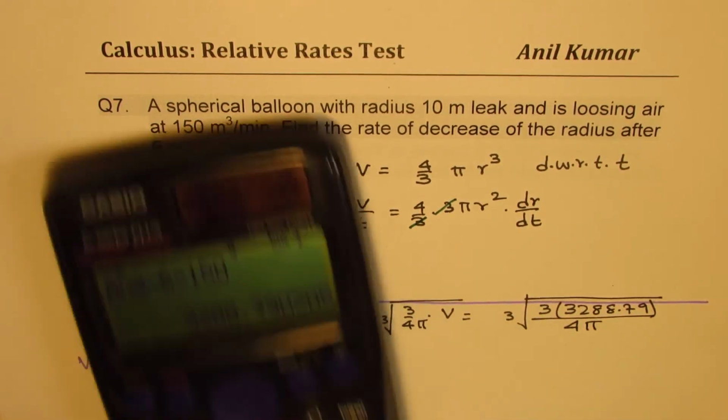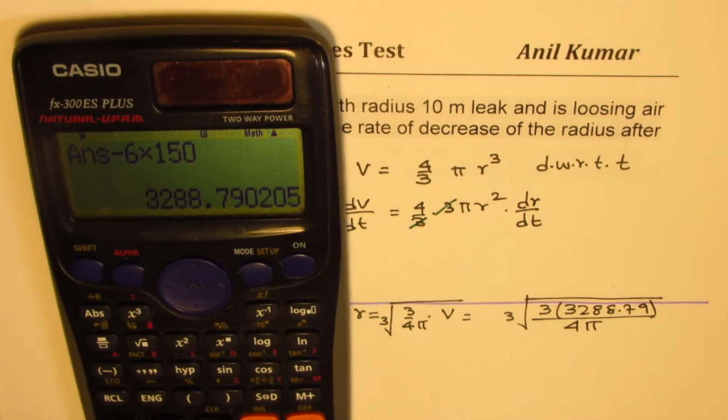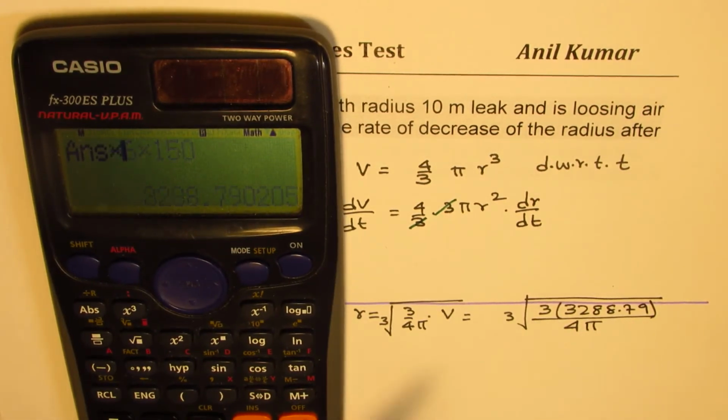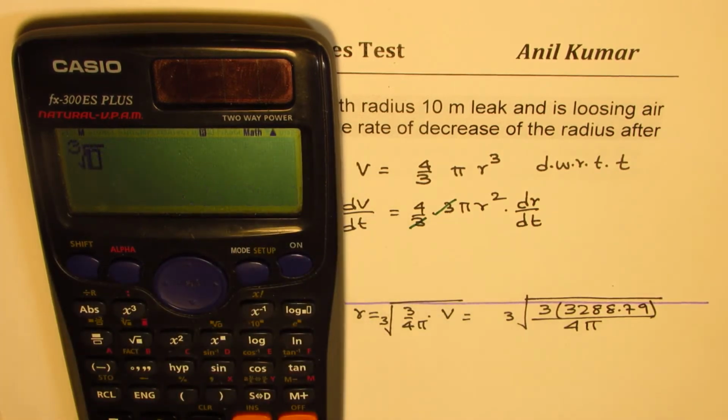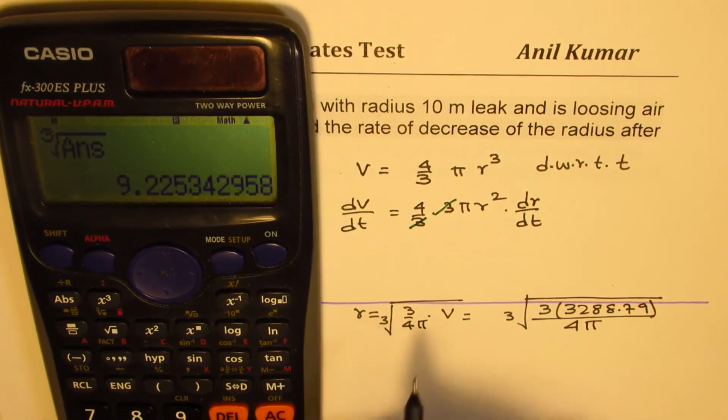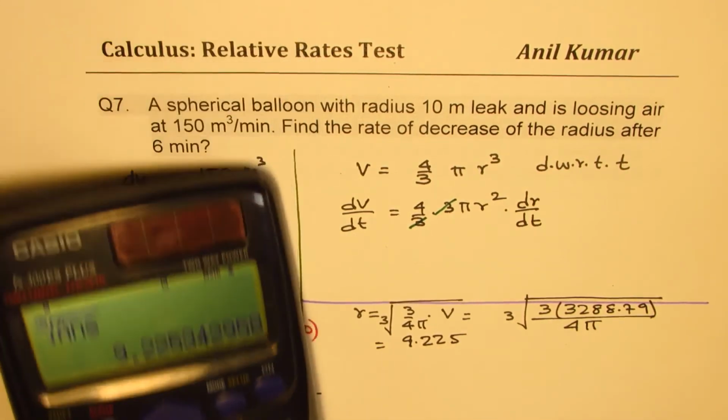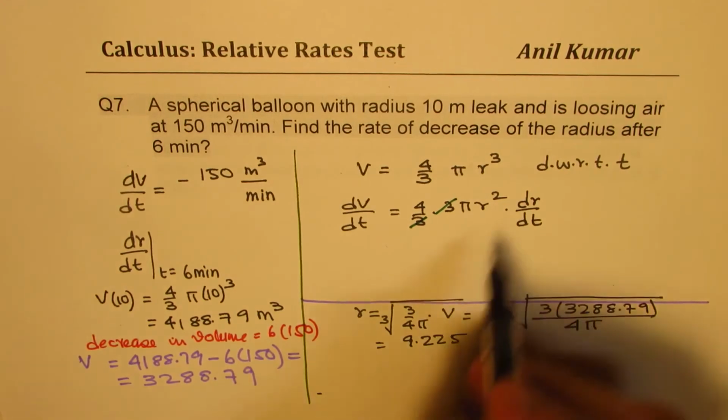We multiply this number by 3, divide by 4, divide by pi, and then take the cube root. The answer is 9.22, so that becomes the value of the radius.